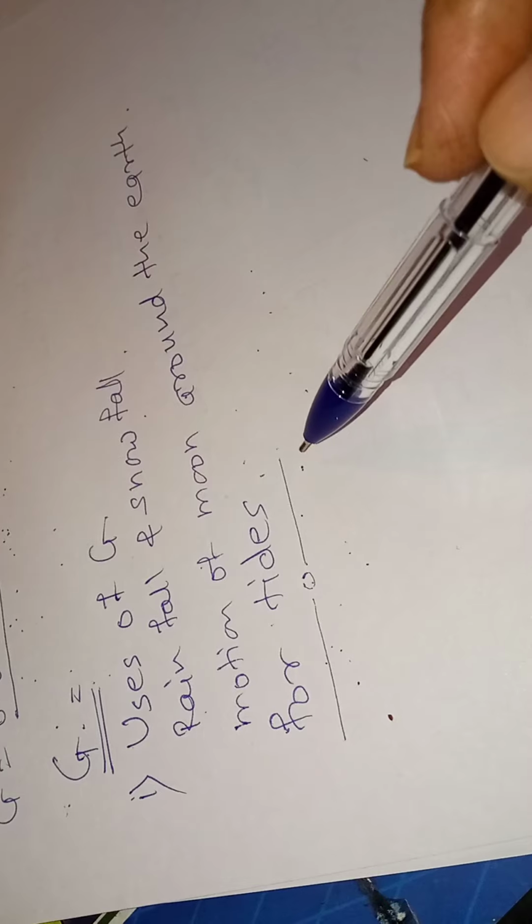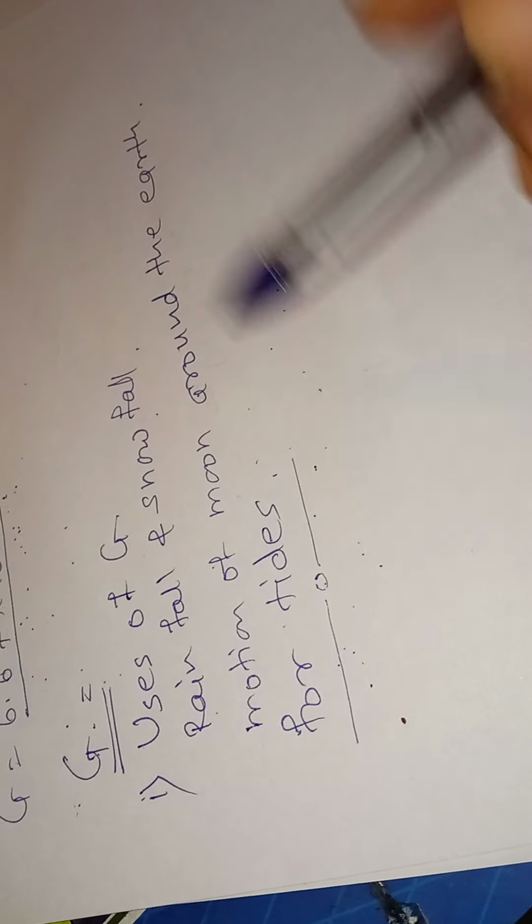Now, what are the characteristics of the gravitational constant? The gravitational force between two bodies or objects forms an action-reaction pair. If one object attracts the other object, then the other object also attracts the first object.